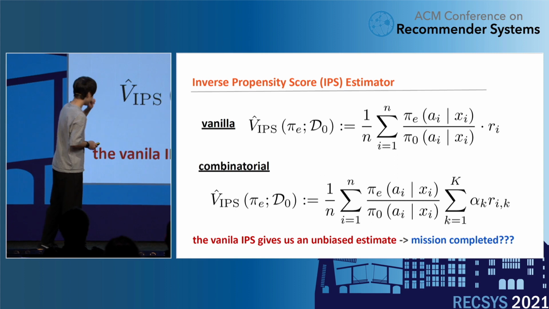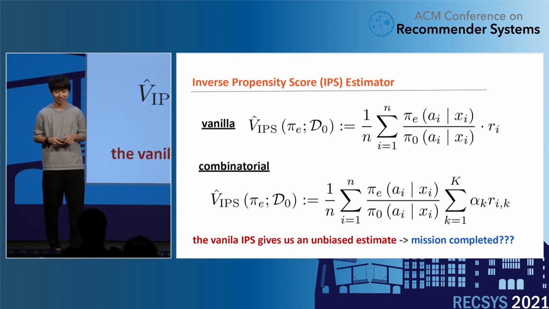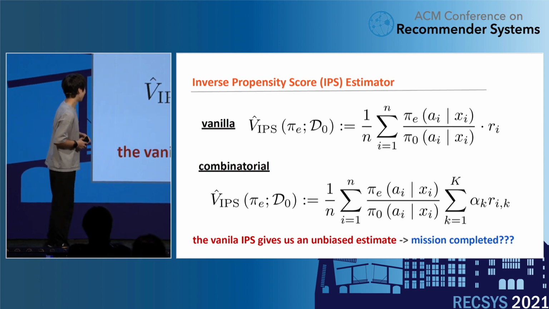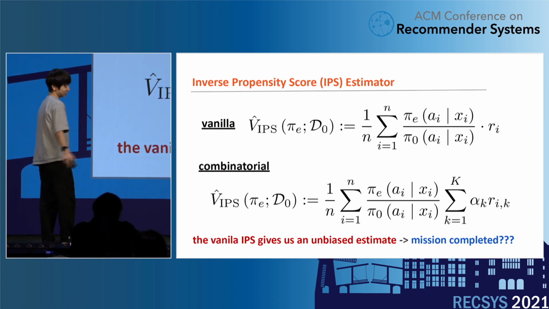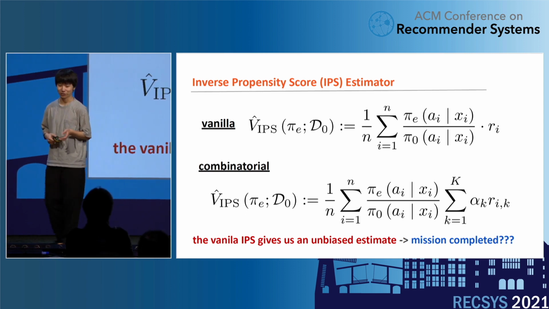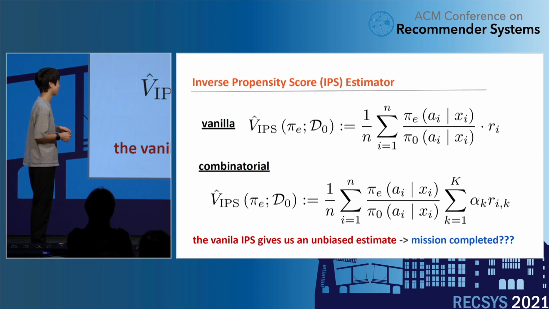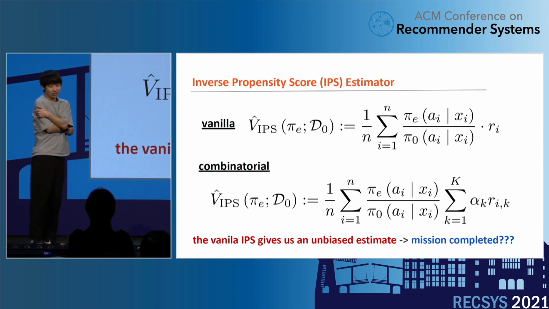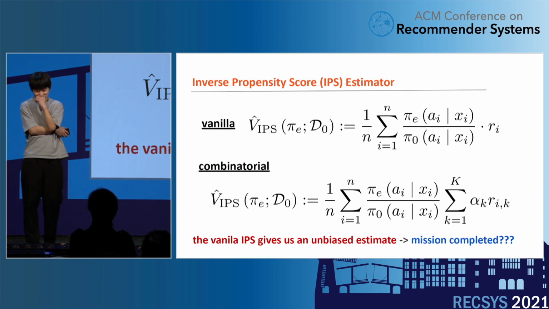So meaning that the theory should still apply, meaning that, just naively applying the IPS, we should be able to get an unbiased and consistent estimate even for the combinatorial action, the very practical setting, right? That's my statement here. So does it mean that the mission has already been completed for the combinatorial action setting?